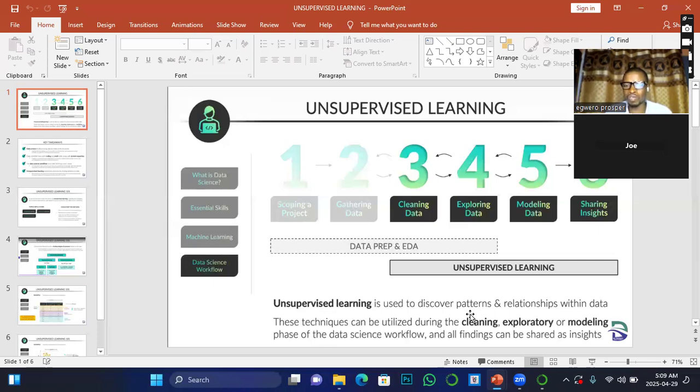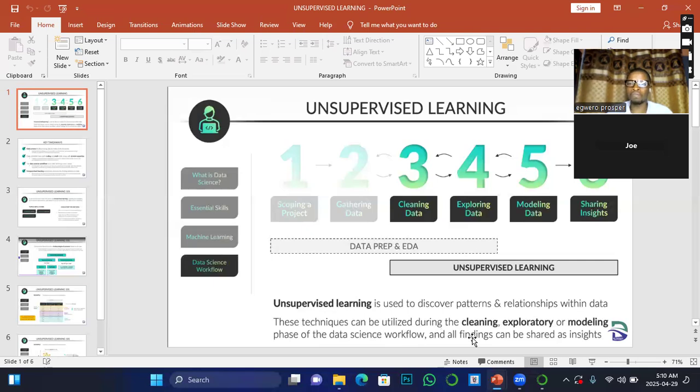And this discovering will be achieved through studying the behavior or through clustering data sets based on certain attributes or behavior. So like I said here, these techniques can be utilized during the cleaning, exploratory, or modeling phase of the data science workflow. And all findings can be shared as insights.